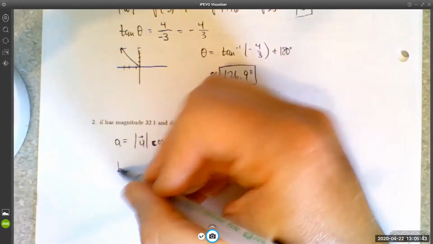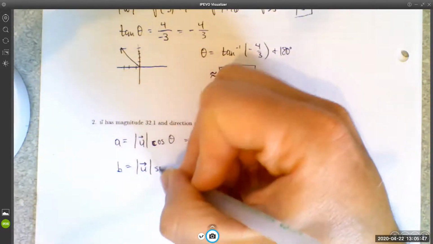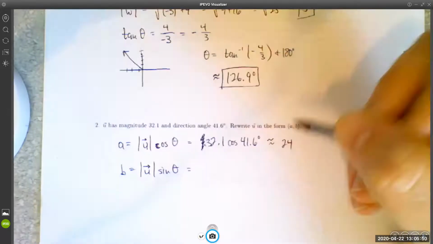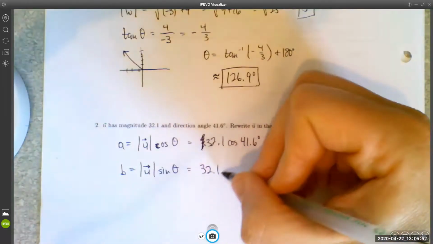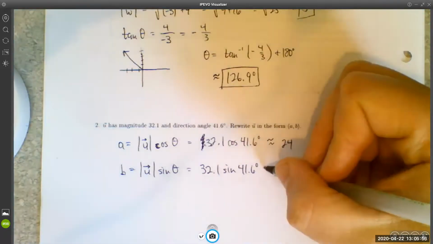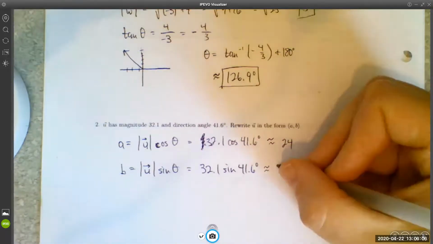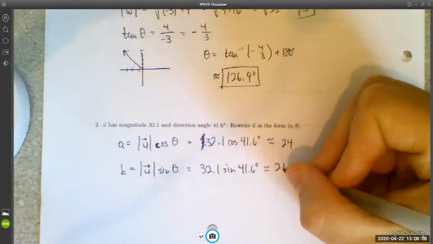And similar with b anyway. It's the magnitude of u times sine theta. So that's 32.1 sine 41.6 degrees, and that comes out to about 21.